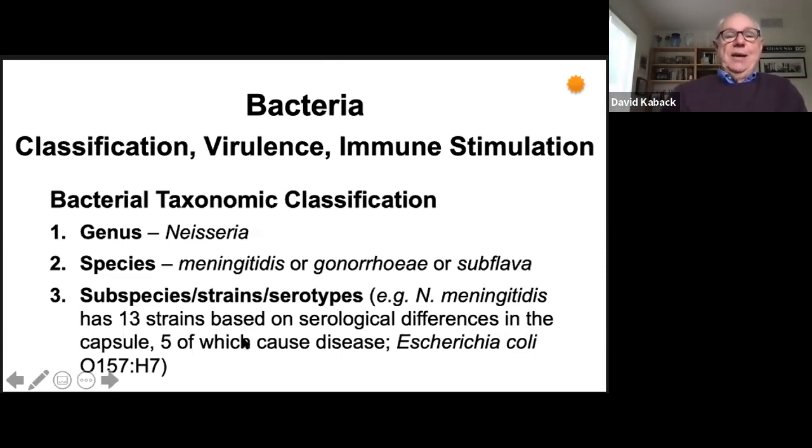So for example, not all strains of Neisseria meningitidis cause meningitis, only 5 of which cause disease. We speak about E. coli strain O157, subspecies H7, which is a highly pathogenic strain of E. coli. Everybody has E. coli in their digestive system, in their colon, but only having this guy is going to cause you a severe bloody diarrhea that you might die from.